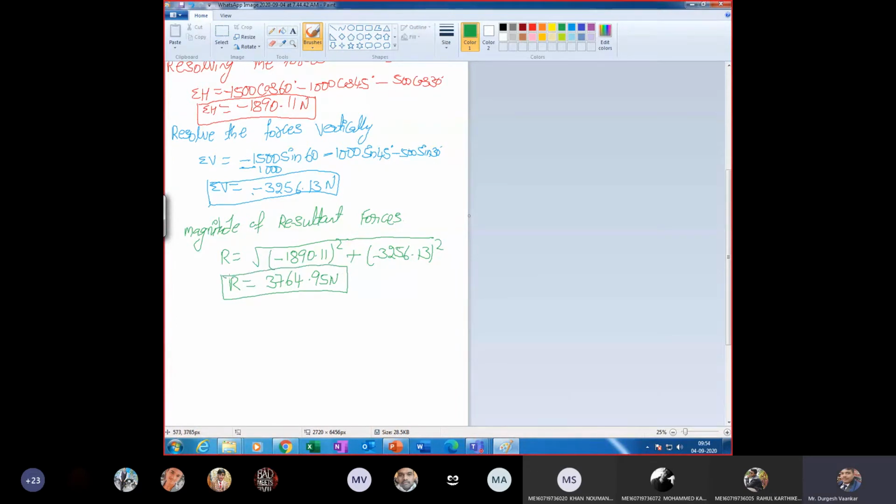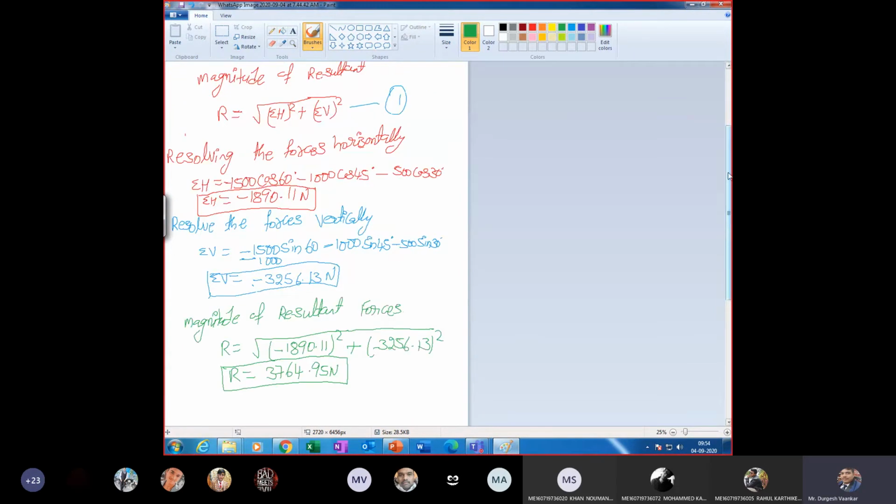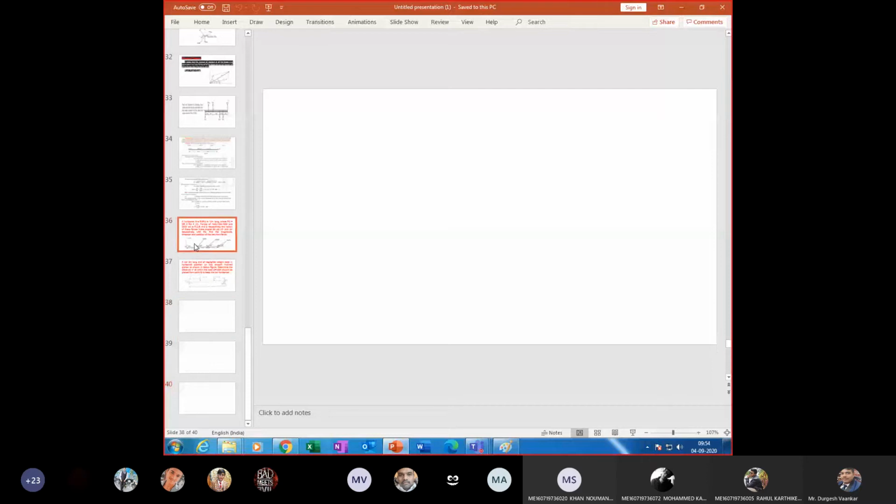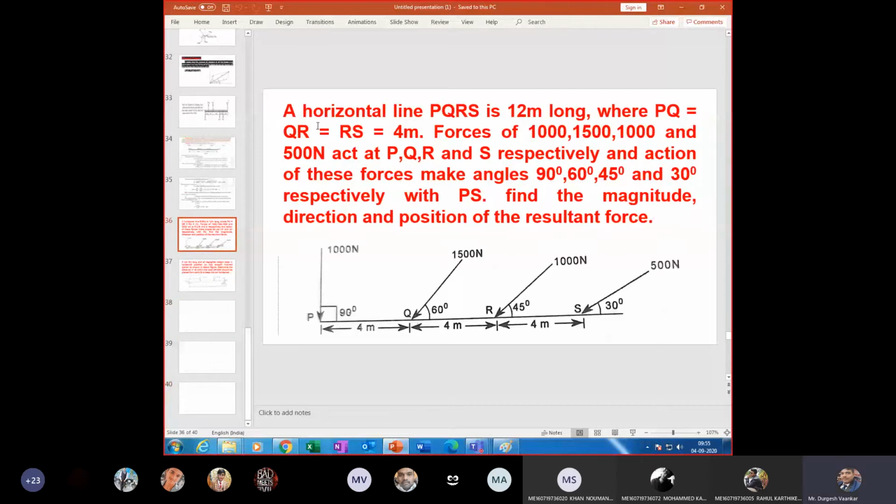Now you calculated this resultant value, but actually what you have to calculate in this question, I'll show you. A horizontal line PQRS is 12 meters long, where PQ equal to QR equal to RS, 4 meters. Forces of 1500, 1500, 1000 and 500 act at P, Q, R and S respectively, making angles of 90, 60, 45 and 30 degrees respectively with PS.